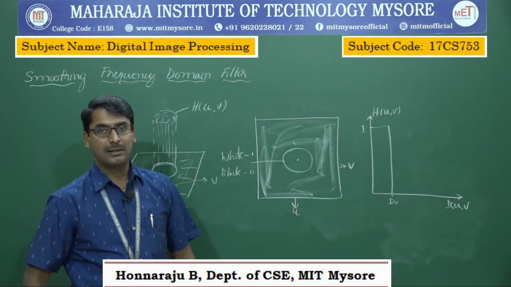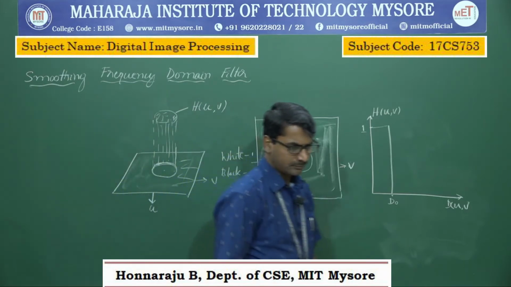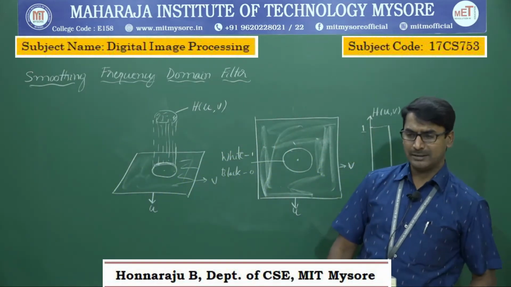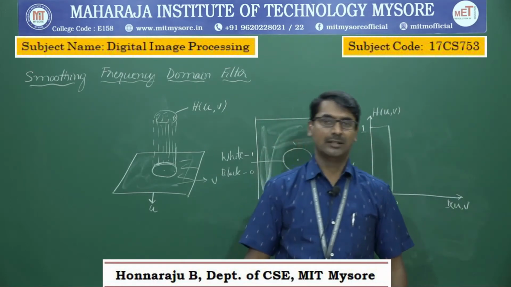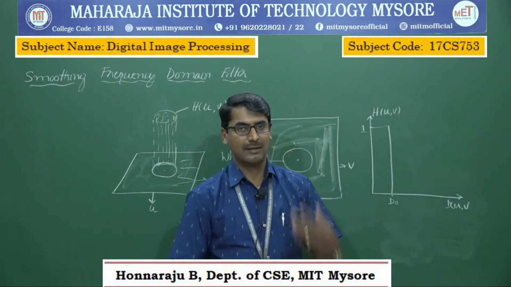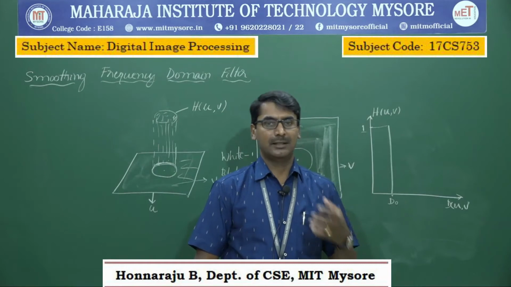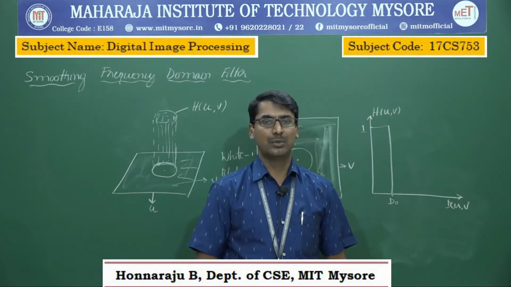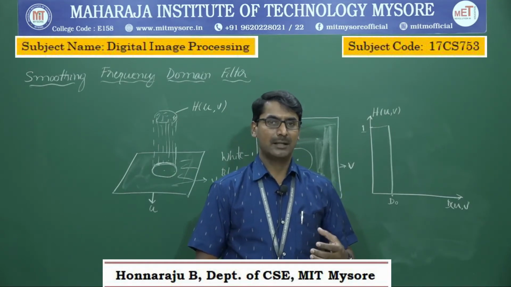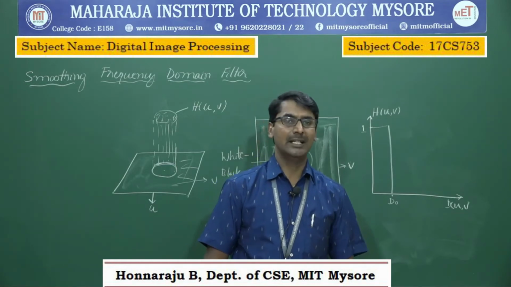So, in the ideal low pass filter output, if you consider a small distance value or cutoff frequency value, then the image will be blurred. The output image will be blurred, and it also produces a ringing effect.